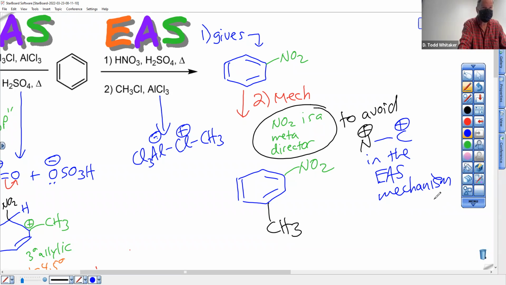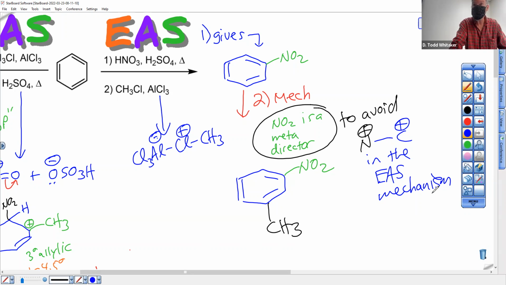Okay? So there's a table in your textbook that's the most important table of the semester, where it outlines all the directors. You better know which ones are ortho para directors and which ones are meta directors. And look for the things they all have in common with each other, so that it's not just memorizing 15 different groups. If you're memorizing 3 things, it's a lot easier than 15. And what are the 3 things you have to memorize? Alkyl groups stabilize cations by hyperconjugation, they are OP directors. Atoms with lone pairs, like ethers and alcohols and amines.